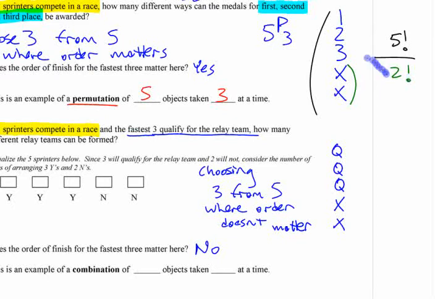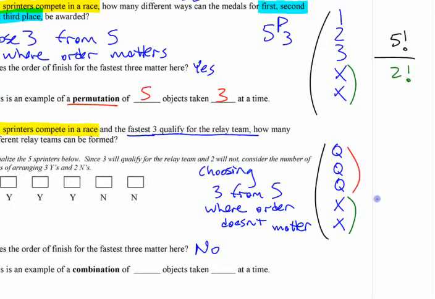That matched what we did with permutations with identical objects: when you have 2 the same, you have to divide by 2 factorial. If you're choosing 3 from 5, you don't care about the ones you don't pick, so you divide by 2 factorial. Now we're changing this so that we don't care about the ones we don't pick, but we also don't care about the order of the ones we do pick, right?